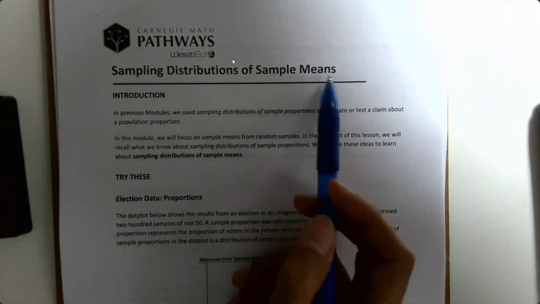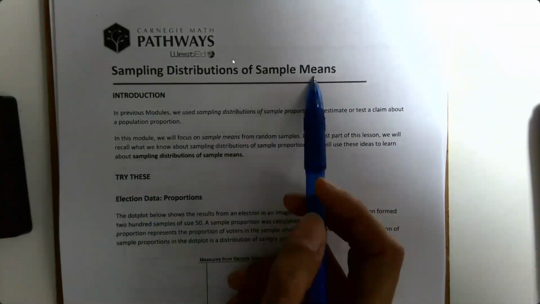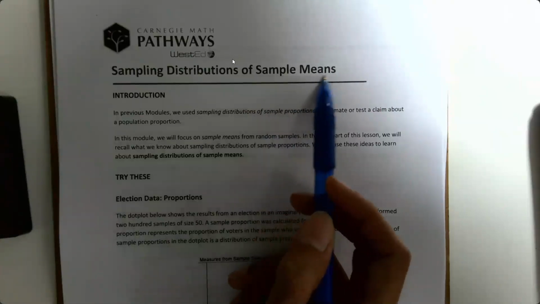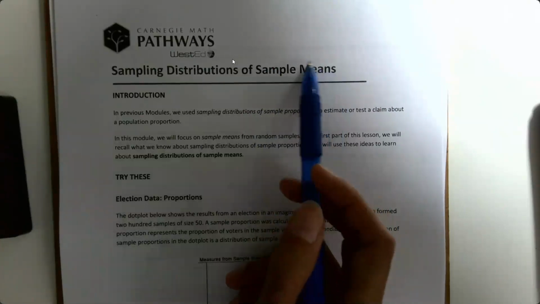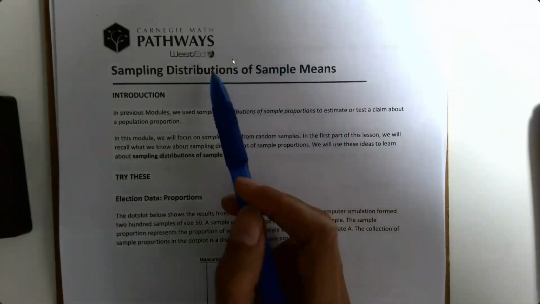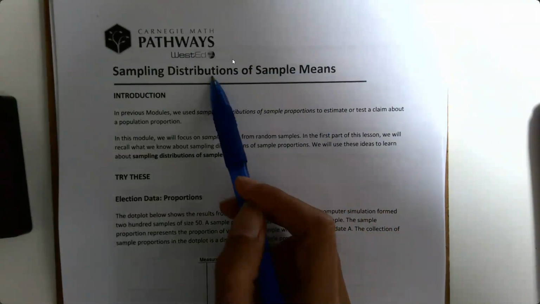We are dealing with multiple samples, and then we're going to take the means of those samples and form a new distribution. The reason is sometimes we don't have a normal distribution, so the formulas that we introduced last week, we cannot use them.